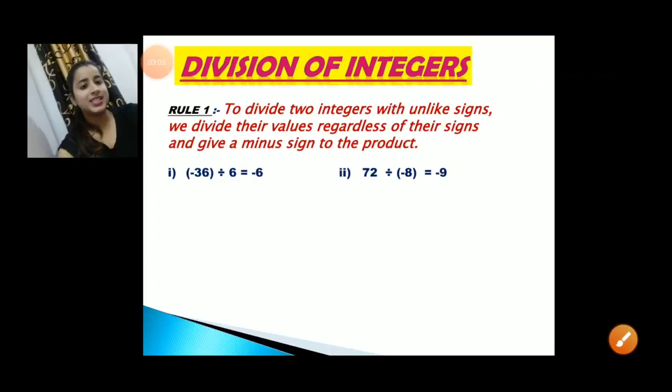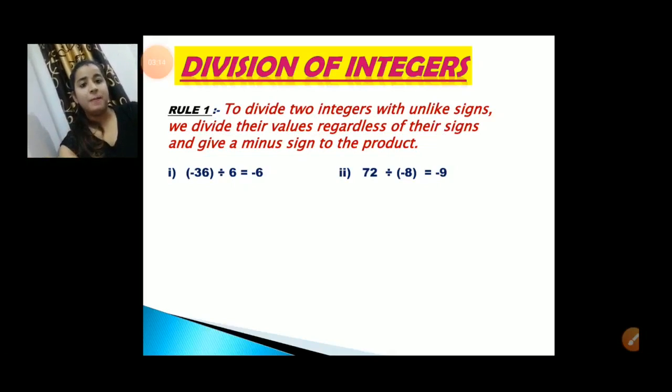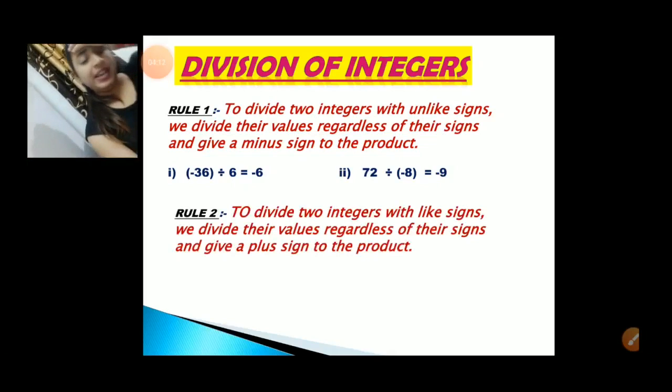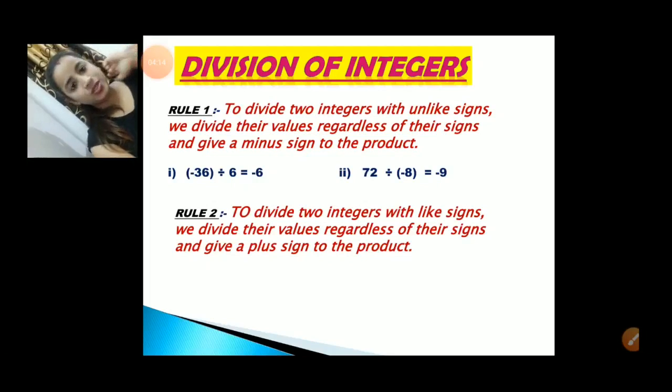So here you can see some examples. Minus 36 divided by 6. So 36 divided by 6 is 6 and the signs are unlike, so we have given minus sign. Like signs, we divide their values regardless of their sign.